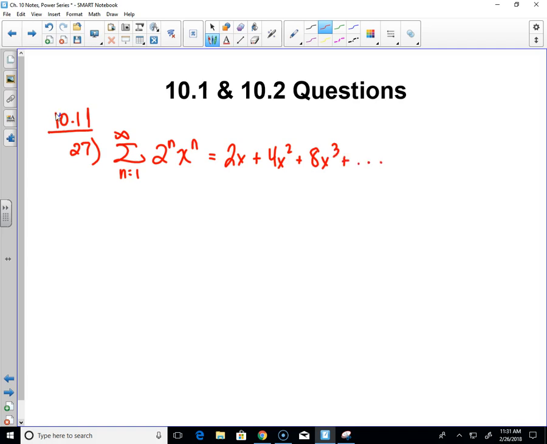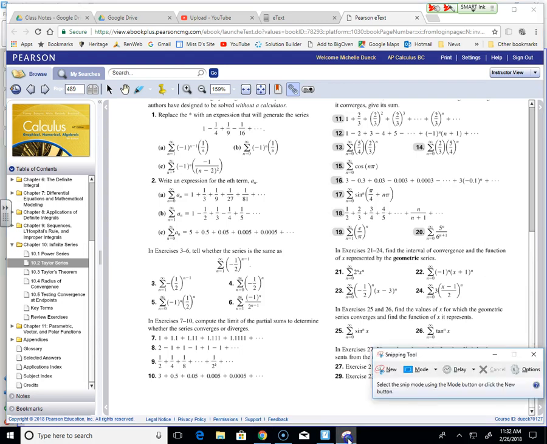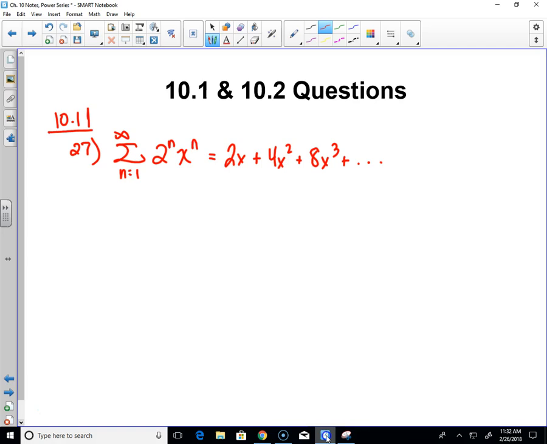Right? So number 27, the directions just say, use the series and the function it represents to find a power series. Well, what function did it end up representing? Did you guys figure it out? 2 over 1 minus 2x squared?